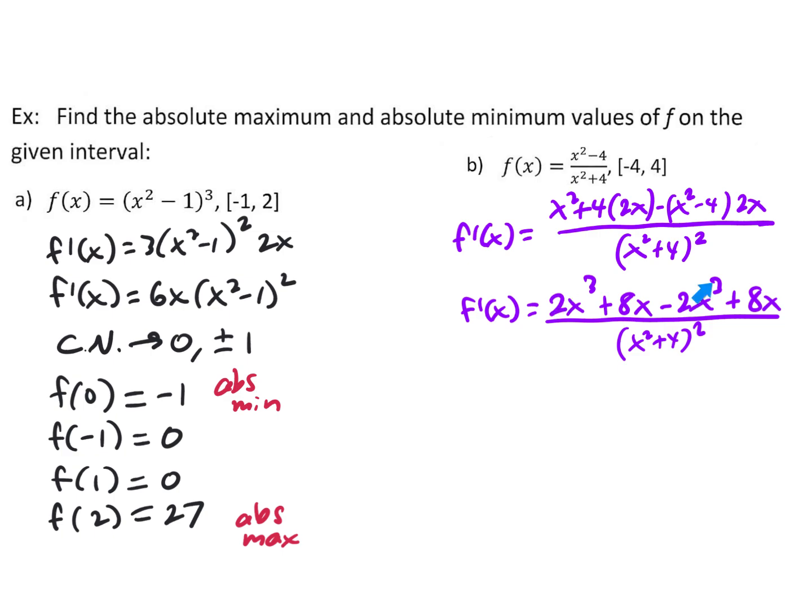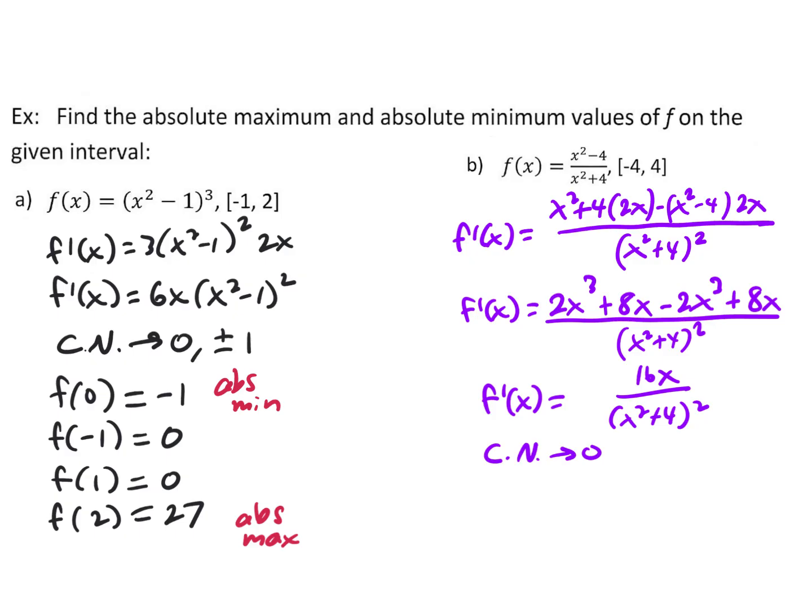So my 2x to the thirds cancel, and I get 16x over the quantity x squared plus 4 squared. Okay, so my only critical value is 0. My critical number is 0 because that's what makes the numerator equal to 0.